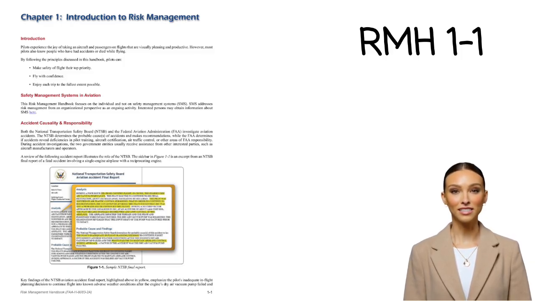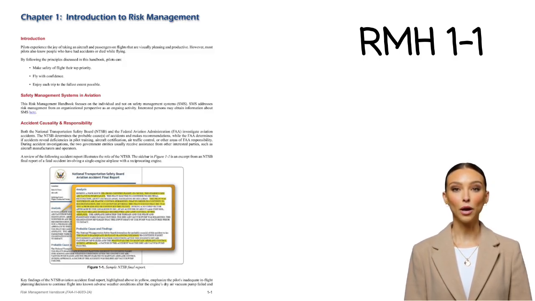During accident investigations, the two government entities usually receive assistance from other interested parties, such as aircraft manufacturers and operators. A review of the following accident report illustrates the role of the NTSB.